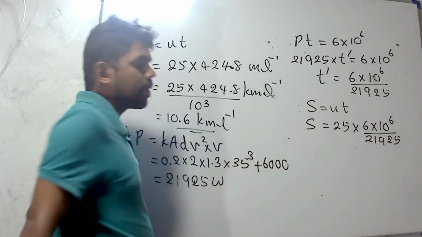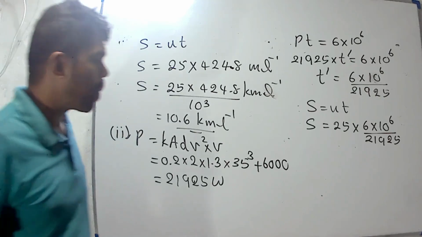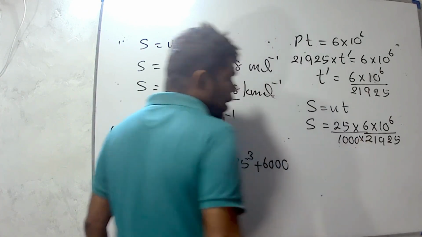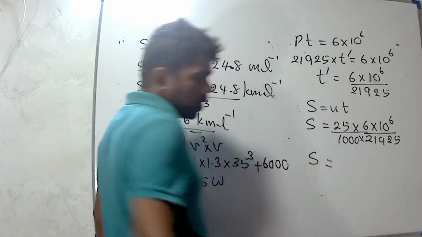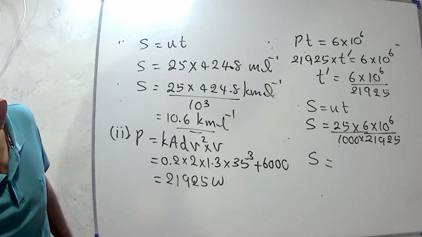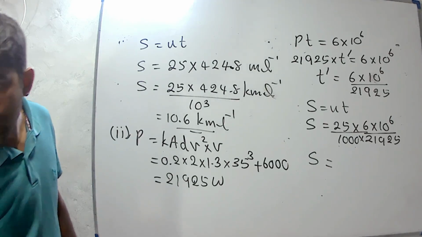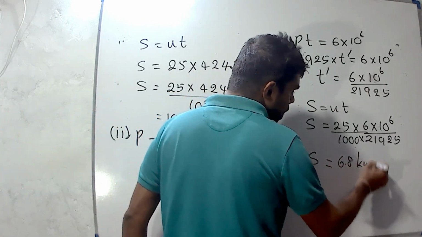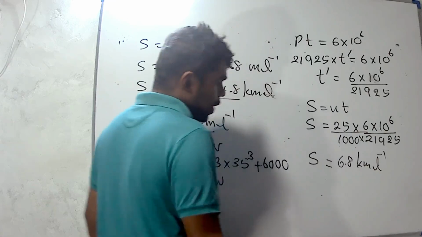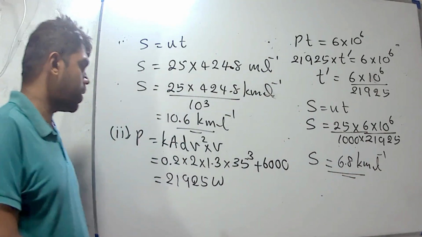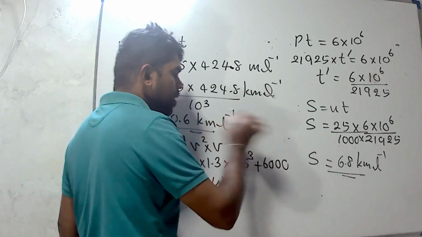This one is meters per liter. Then we have to divide it by 1000 to convert to kilometers per liter. Simplify and then we can obtain 6.8 kilometers per liter. Now we can identify that if there is a wind against the motion, the fuel efficiency is decreasing.